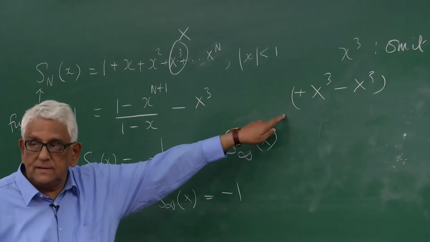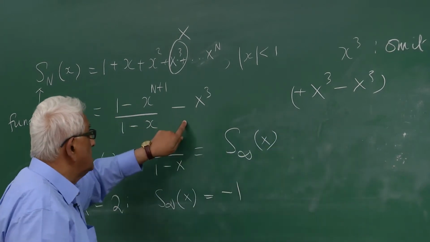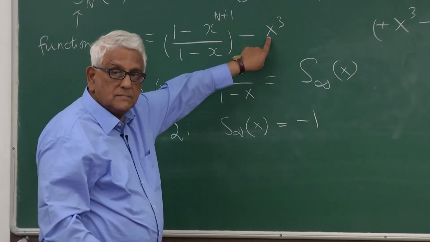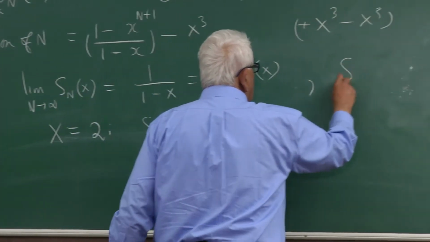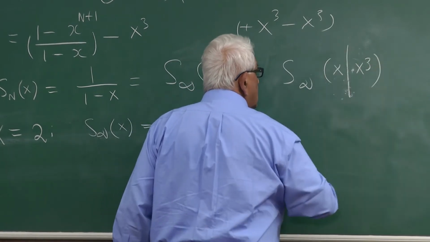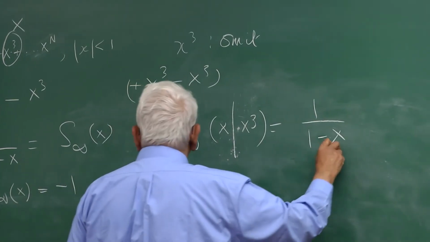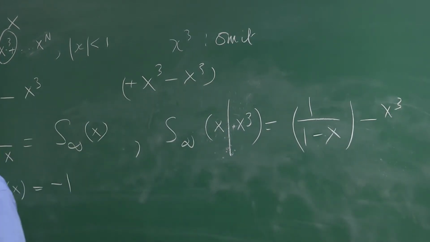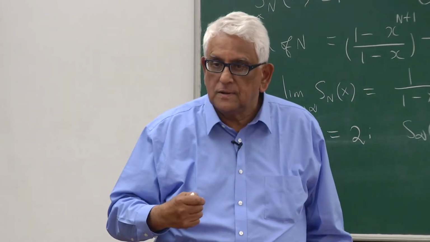I add and put it in, and subtract, that's gone. Then this part is the result which we had, but now I have this term, x cubed. So this time this S infinity with x cubed left out is equal to 1 upon 1 minus x cubed. A different thing. So you see, leaving out even one term makes a difference.